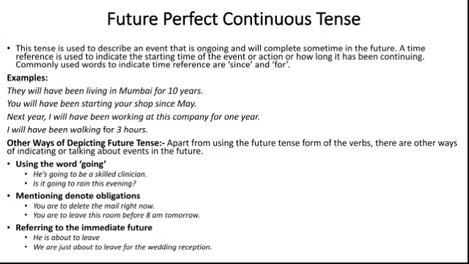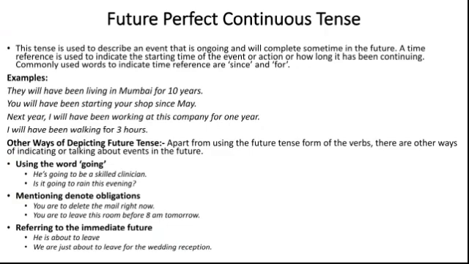Will have been plus ing form, and this tense is used to describe an event that is ongoing. Okay, the event is ongoing and will complete sometime in the future. The event is ongoing, it is incomplete, it is not yet completed, and it is continued and it will complete somewhere in the future. A time reference is used to indicate the starting time of the event or action, or how long it has been continuing.